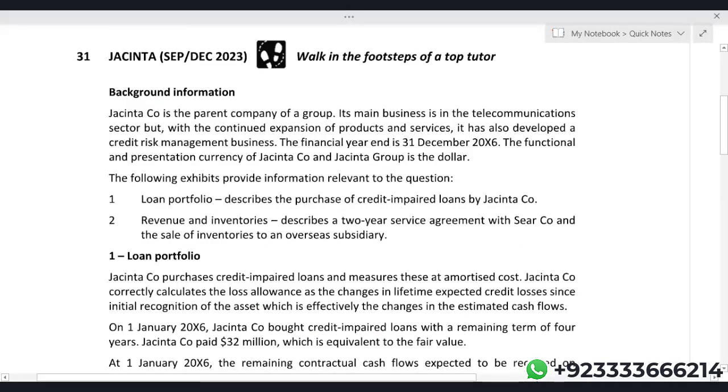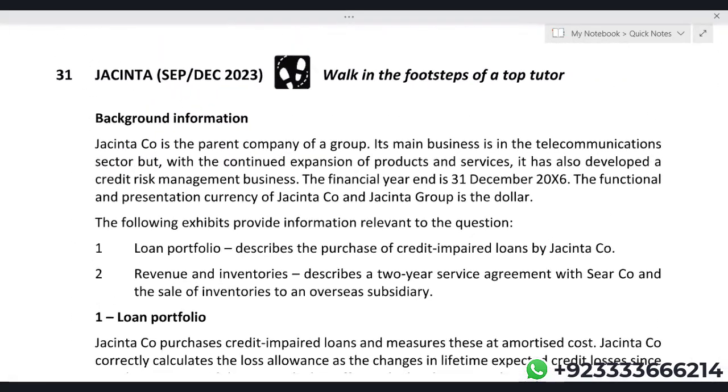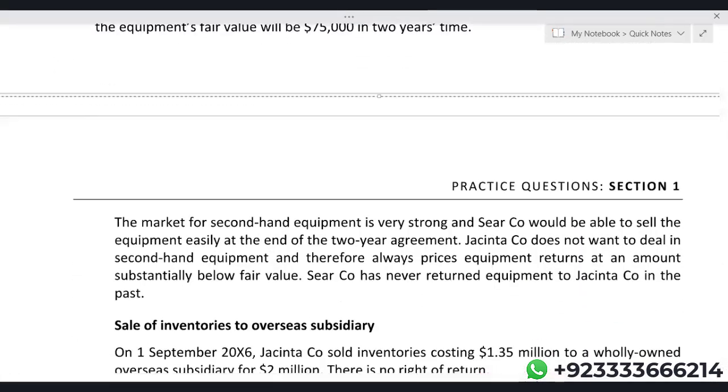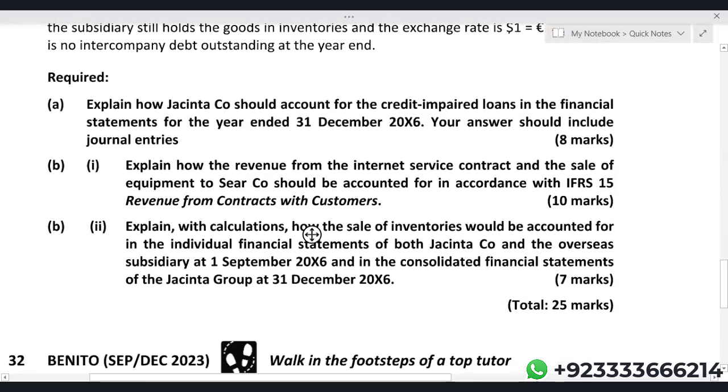Okay students, let's discuss another homework question. Jacinta, I believe, came in September, December 23. Let's read the requirement. It's a 25 marks question.